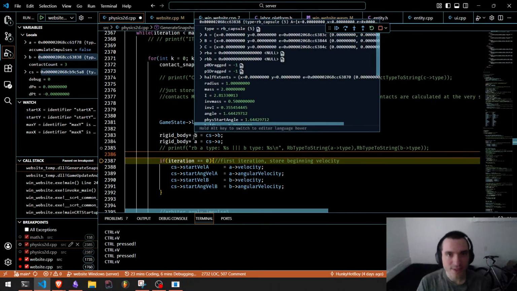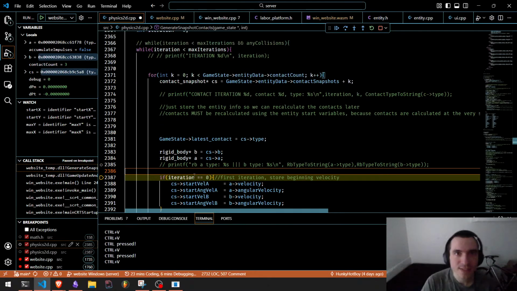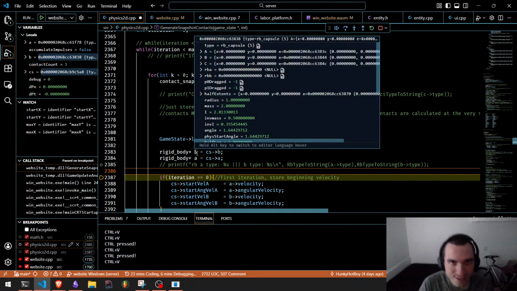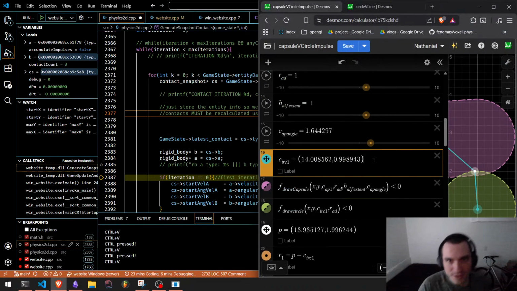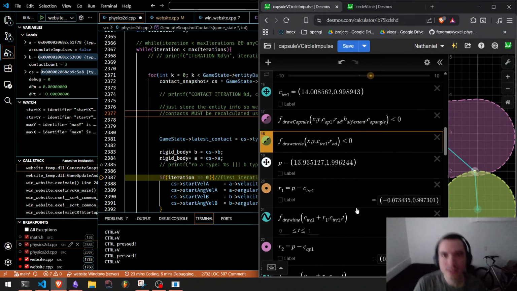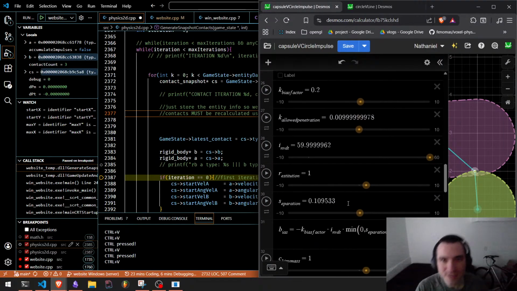So the rigid bodies, this is the capsule. Okay, and the inverse inertia for it is 0.355. That's what we're going to plug into the solver right here.